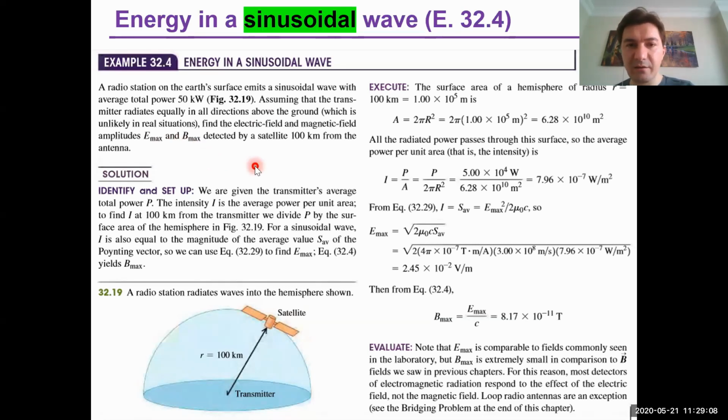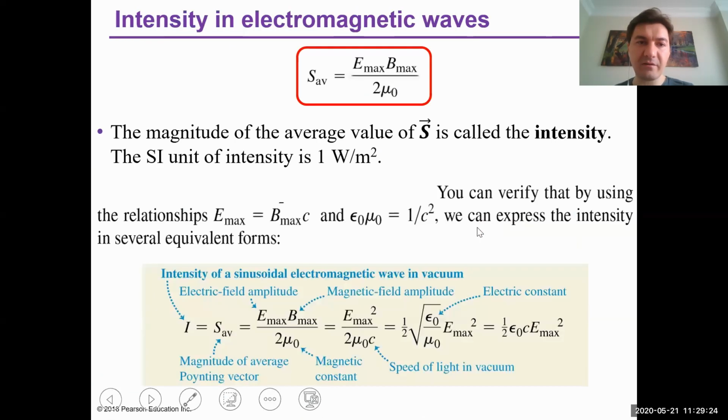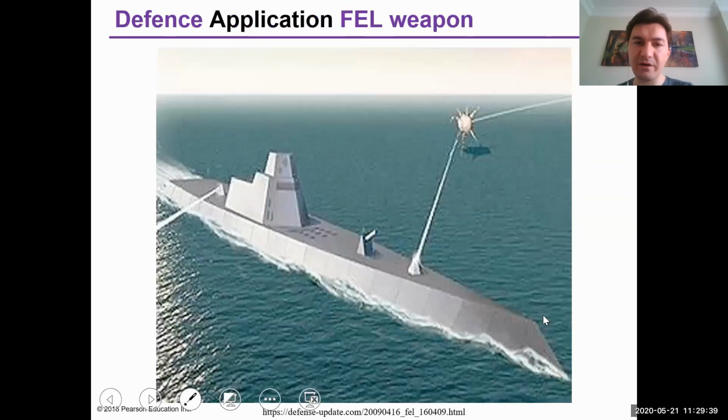So how to calculate Emax and Bmax? Bmax is given by Emax over C. Emax can be calculated by using that expression, intensity. Go back. So intensity or average value of the Poynting vector is given by that expression. Here we have Emax. If we know the intensity or magnitude of average Poynting vector, we can calculate Emax. Okay, we will do that.